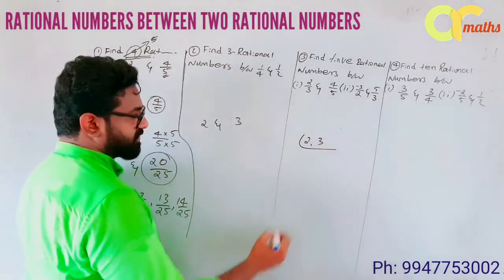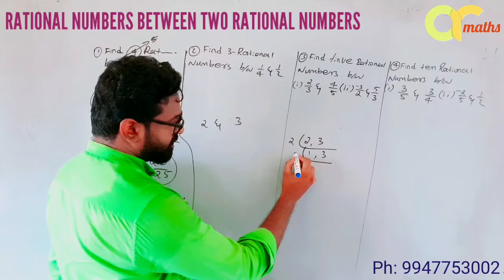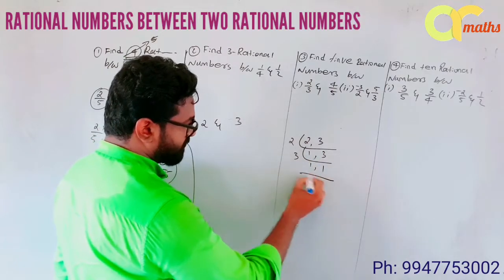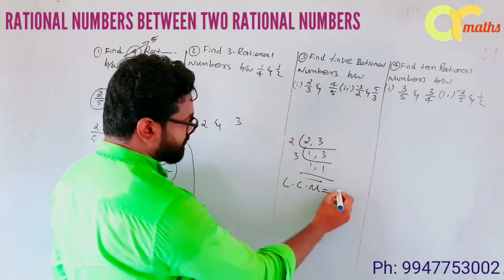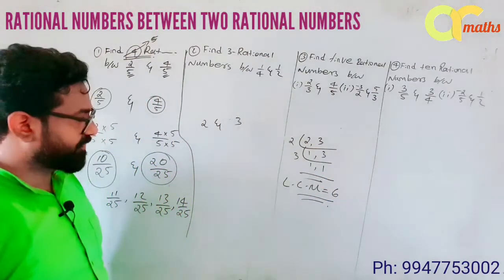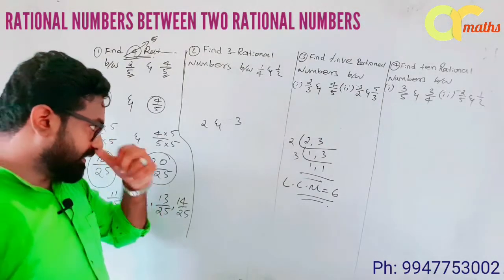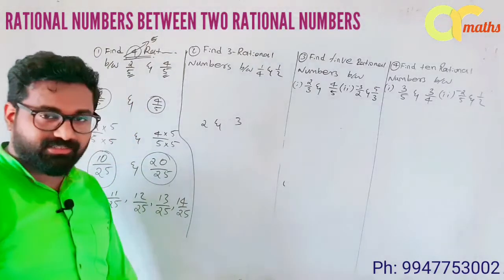First you write 2, 1 here and 3 here. Next you write 3, 1, 1. Then LCM is equal to 2 into 3, 6. Ready? This is the method to find LCM.